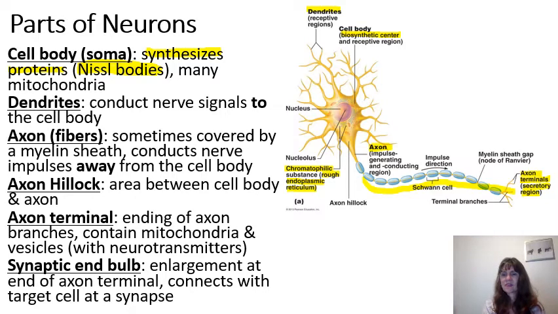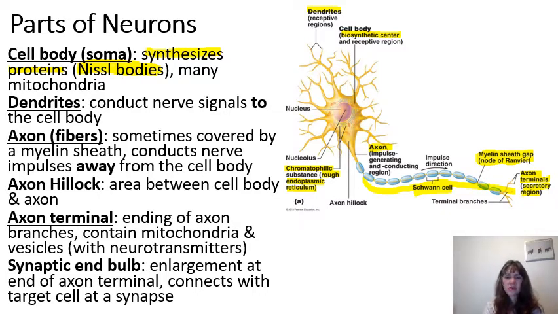The cells that produce myelin in the peripheral nervous system are referred to as Schwann cells. The little gaps between the Schwann cells are myelin sheath gaps, otherwise known as nodes of Ranvier. We'll see this again, and I wanted to repeat it to you so that you understand the term better.